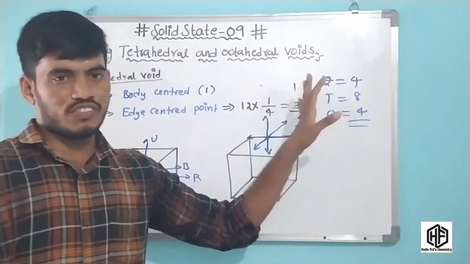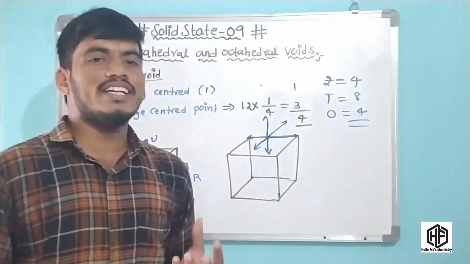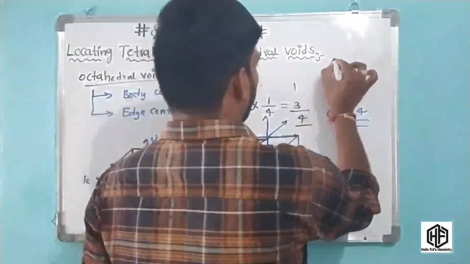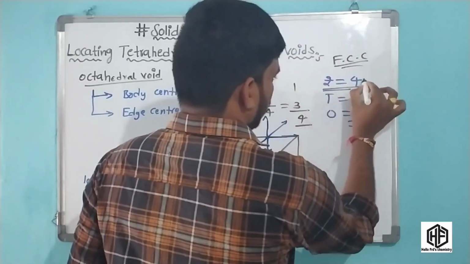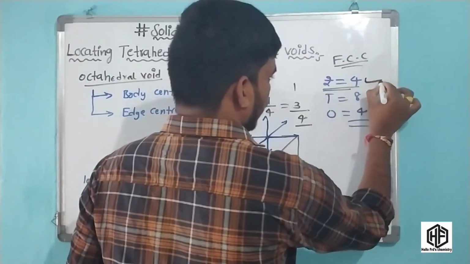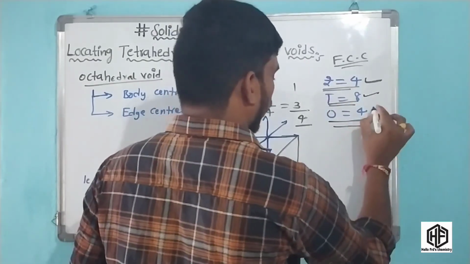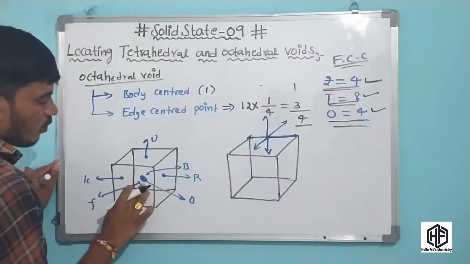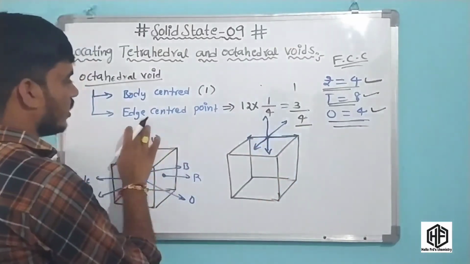Okay friends, this is so important in any competitive exams. How many tetrahedral and octahedral voids are present in face centered cubic close packing? The rank of the unit cell is 4, tetrahedral voids are 8 and octahedral voids are 4, because of the 1 octahedral void in the body and 3 octahedral voids at the edge centered points.